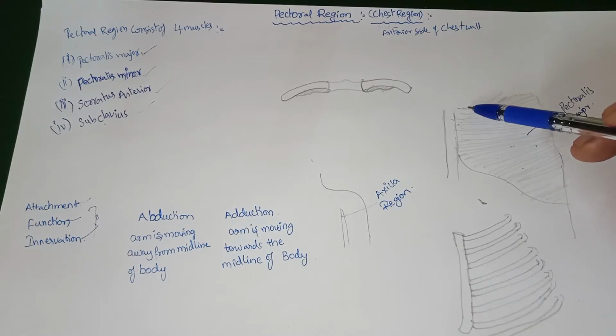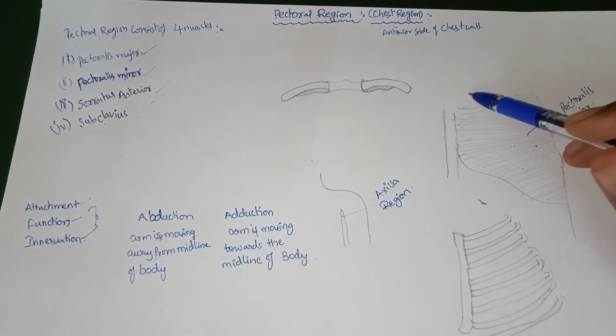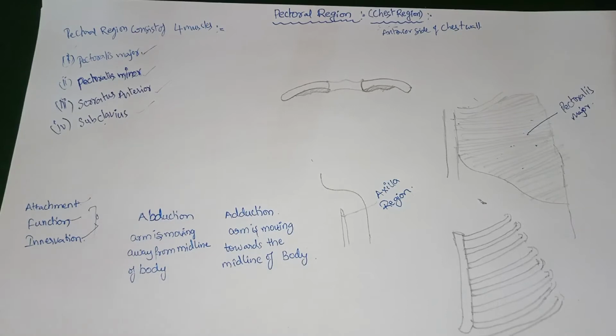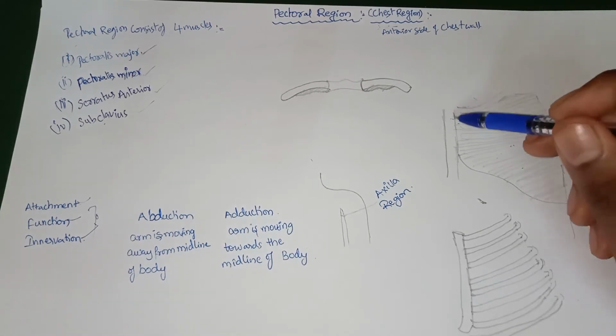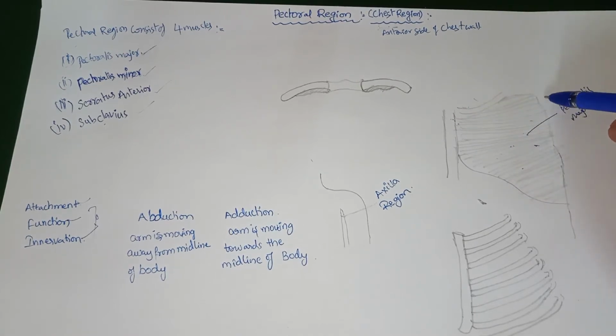So what are the attachments of the pectoralis major muscle? First, the distal attachment. The distal attachment of both the heads is the intertubercular sulcus of the humerus. This is the proximal part and this is the distal part.